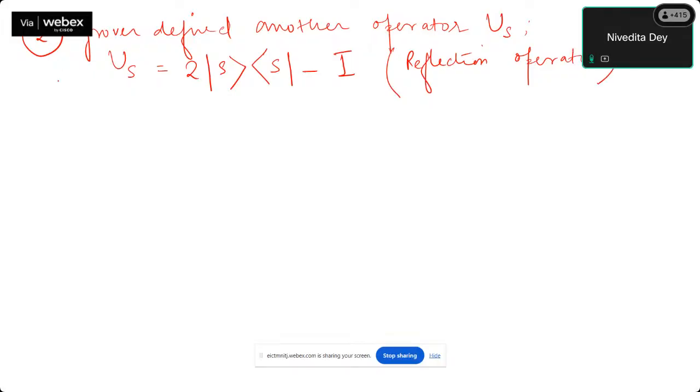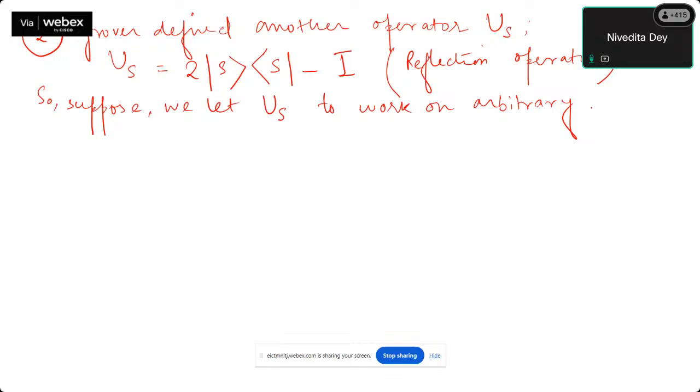So suppose we let US work on an arbitrary state psi.